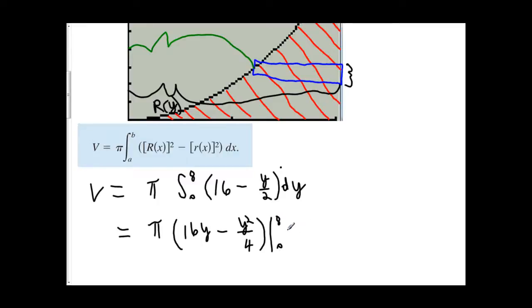So we get pi, and then 16 times 8 is 128, minus, well, 8 squared is 64. 64 over 4 is 16. And then when I do this subtraction, I get that the volume of the solid of revolution is going to be 128 minus 16, which is 112 pi.